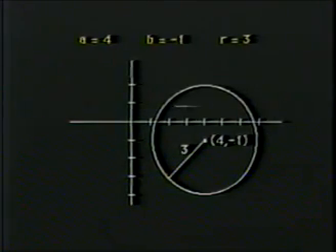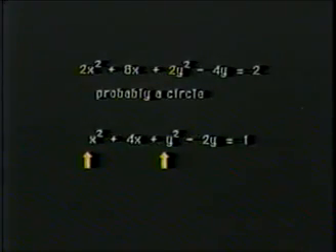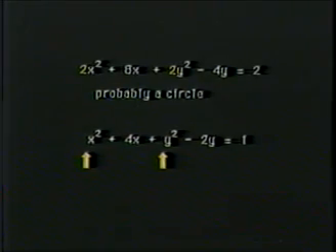Often you'll start with an equation which isn't nearly as tidy as all that. This one's fairly messy and rather interesting. What is this thing? The squares tell us that it's not a straight line. If the coefficients of x squared and y squared are the same, there's a good chance it's a circle.